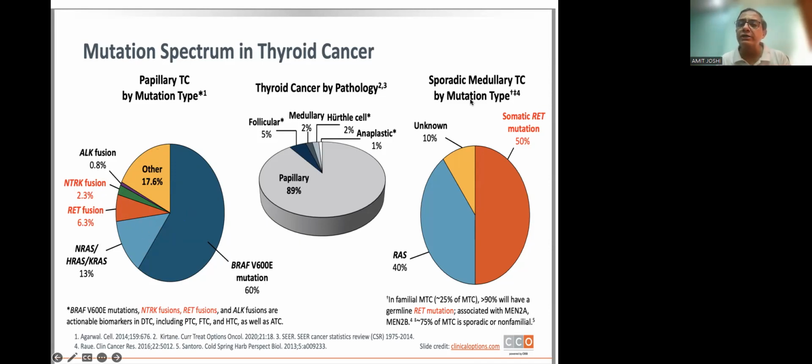When we see the medullary thyroid, the RET mutation number increases significantly. Around 50% of patients will have some type of somatic RET mutation.